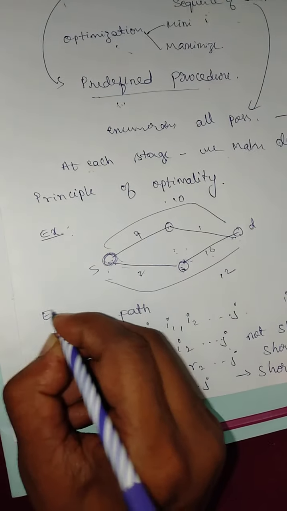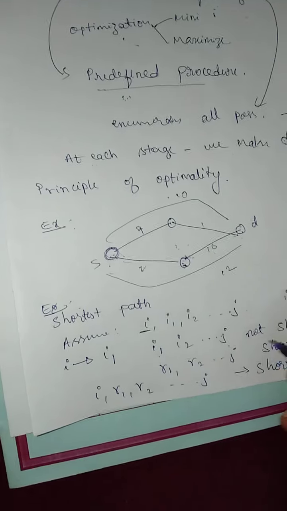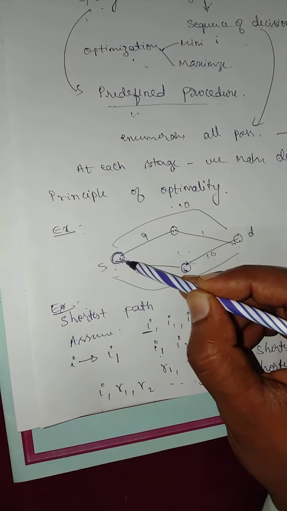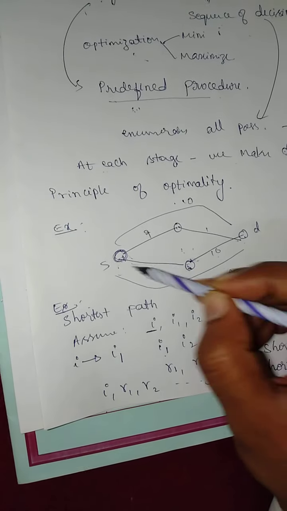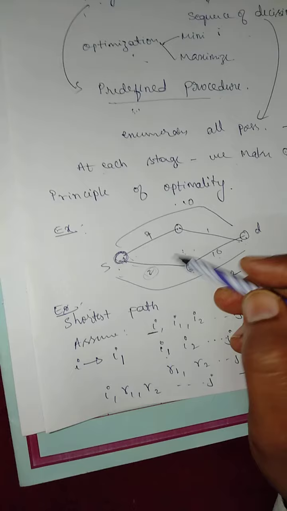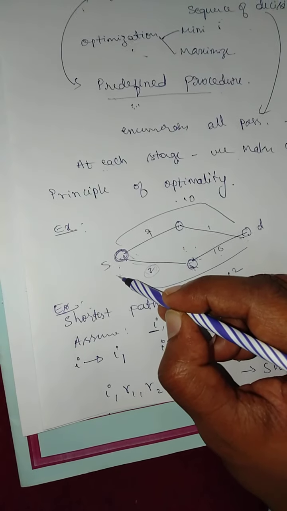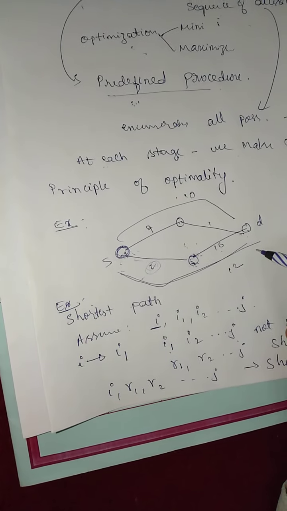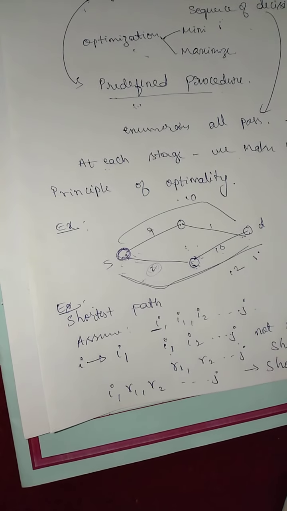Okay. So this is one example where the principle of optimality holds. Even if you take a decision at the starting vertex, say for example you take this decision to go to this vertex because it has the lesser cost, however that does not lead to the shortest path from source to destination. Okay, right? So this is one example.